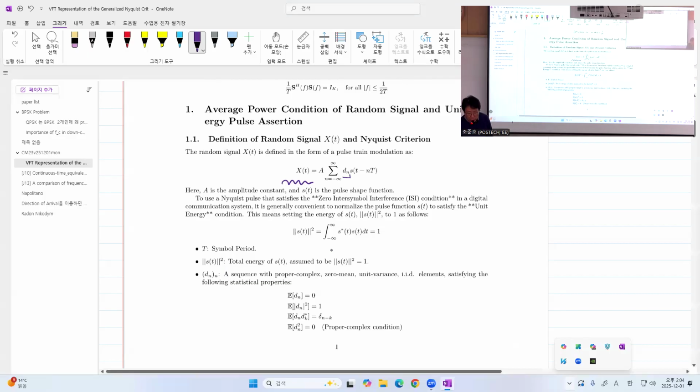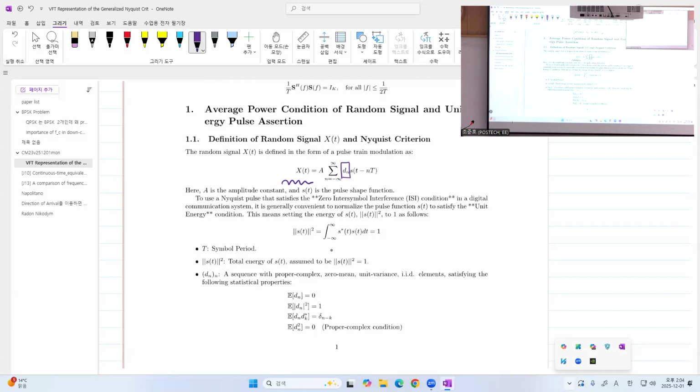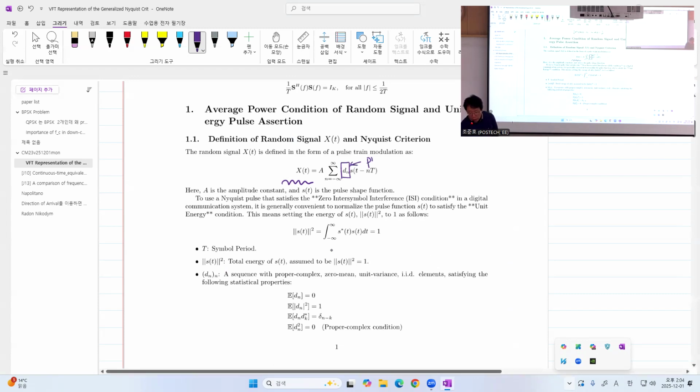And for simplicity, the symbol sequence D sub n is modeled as uncorrelated or independent IID symbols with zero mean and unit variance and zero complementary variance, which means that this is a proper complex white sequence of unit power.